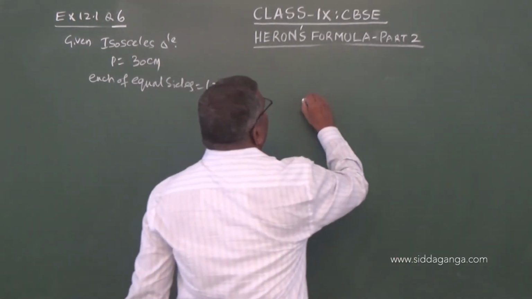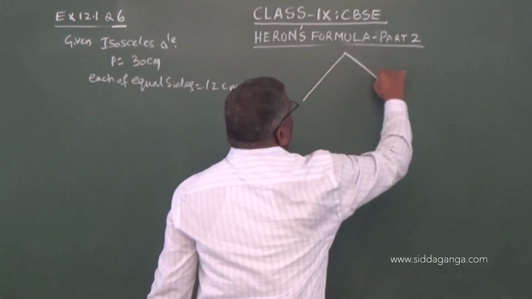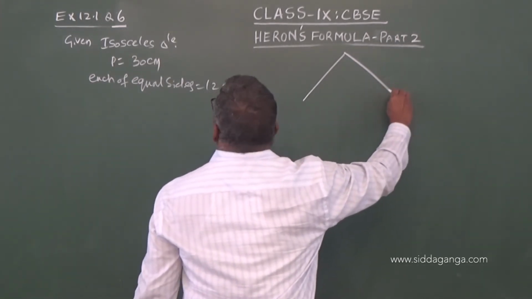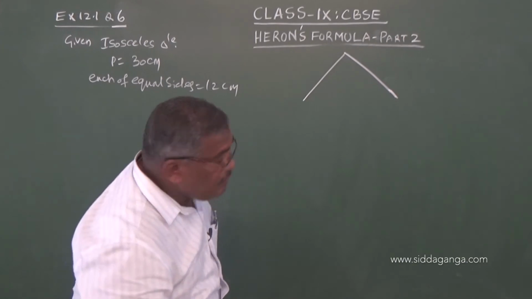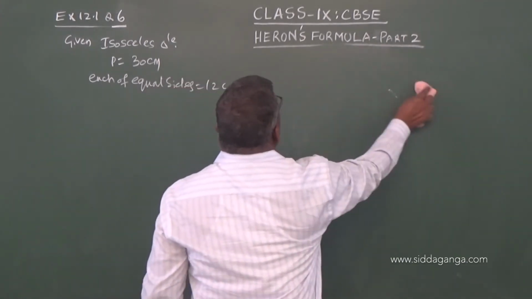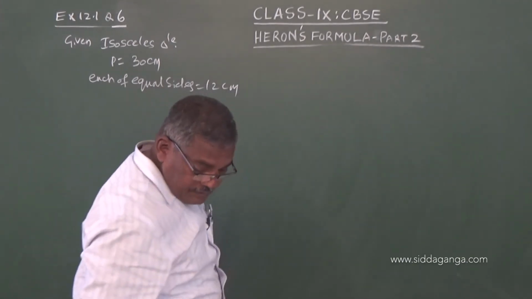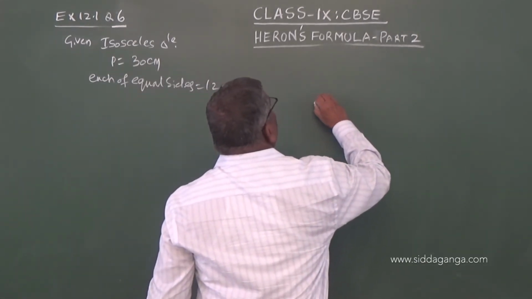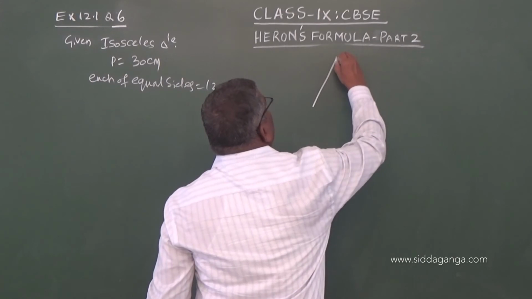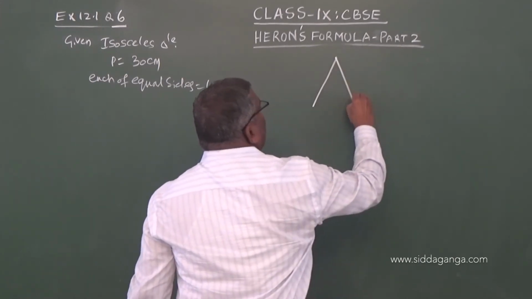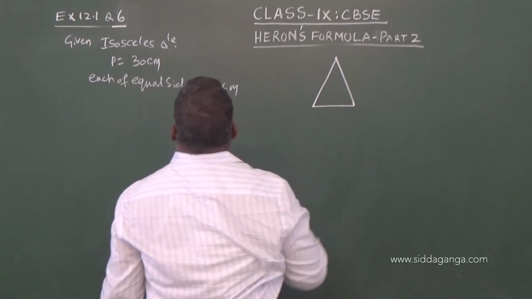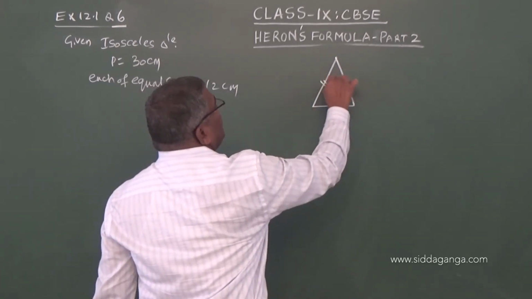So you know that in an isosceles triangle, two sides will be equal. It is like this. You can see this side is equal to this side.